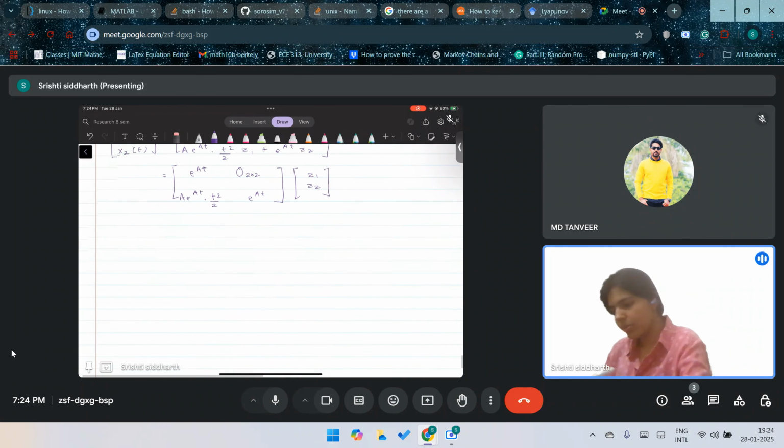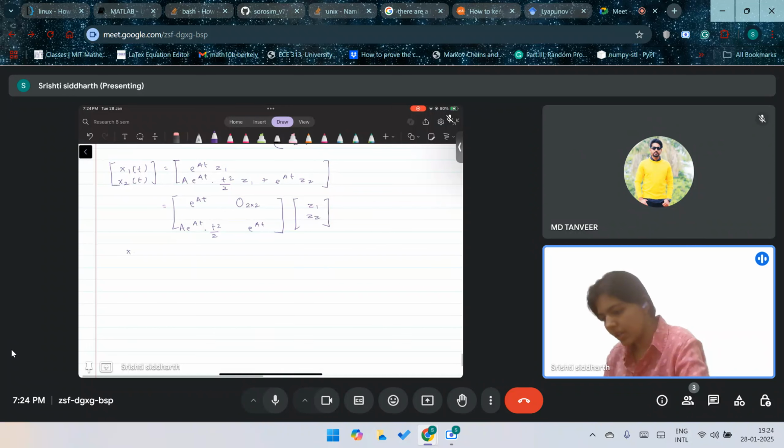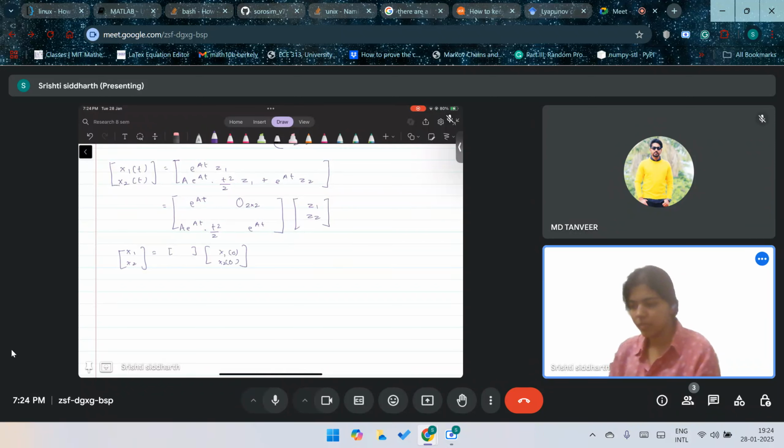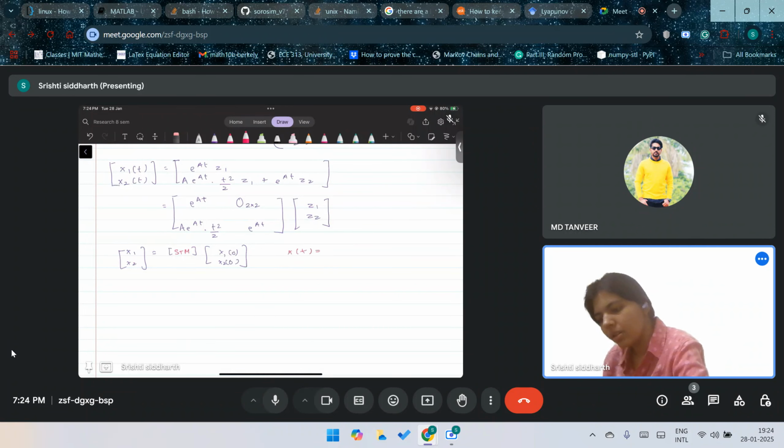Okay. So observe that this exactly looks like x1 x2 equals some matrix times the initial values. And this is exactly the state transition matrix, right? Because x of t is just phi t comma 0 times x naught, if we are considering t naught to be 0.